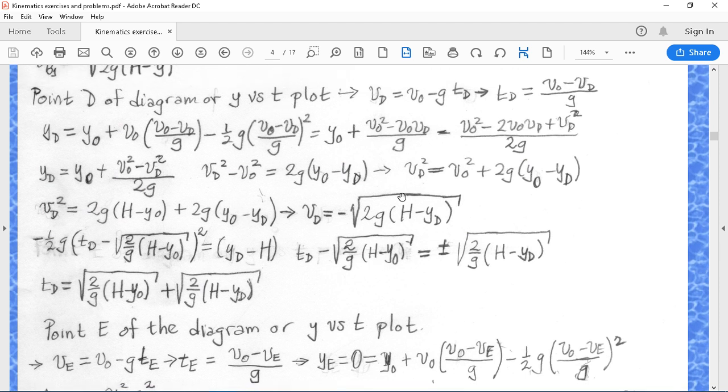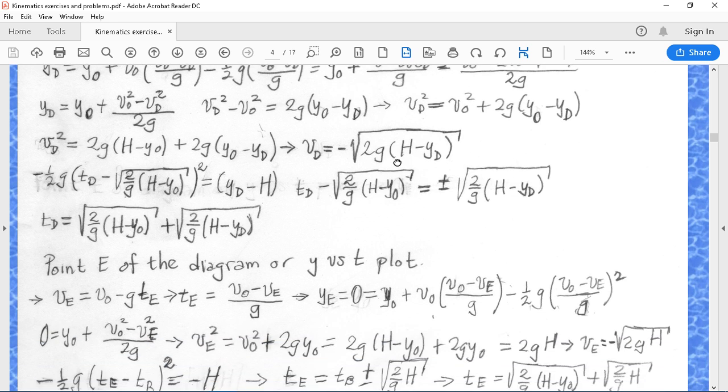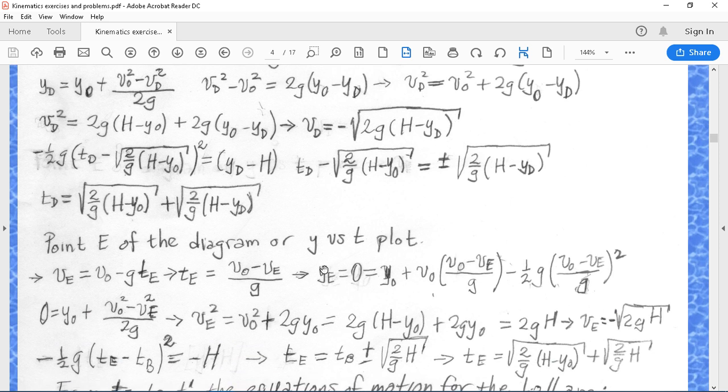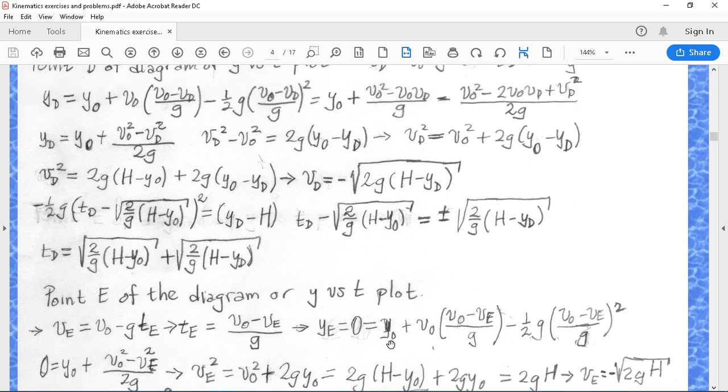Okay, doing the same that we did for point D, we have Te equals V0 minus Ve over G, as we had for Td equals V0 minus Vd over G. And Ye, which is 0, would be equal then to Y0 plus V0 times this expression, minus 1/2 of G times this expression squared.